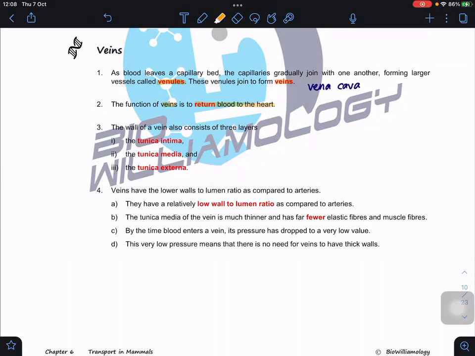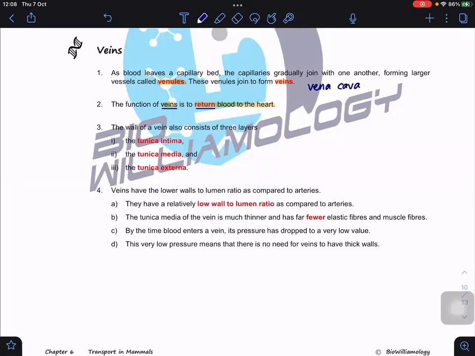Are you clear? The oxygenated one is the pulmonary vein. But when you use the word vein, it generally means they must return the blood to the heart, so it doesn't matter whether the blood they carry is oxygenated or deoxygenated.